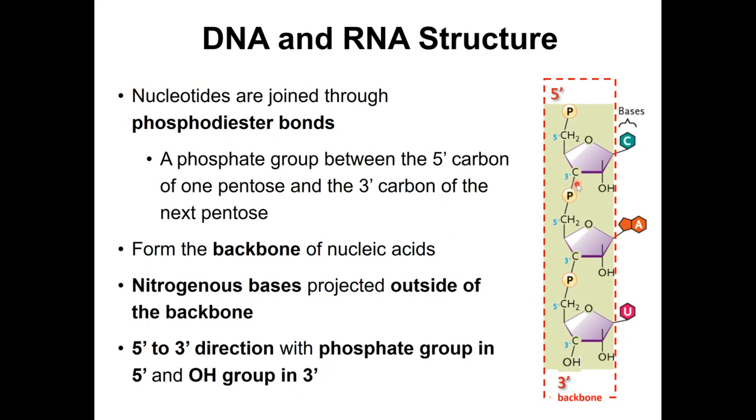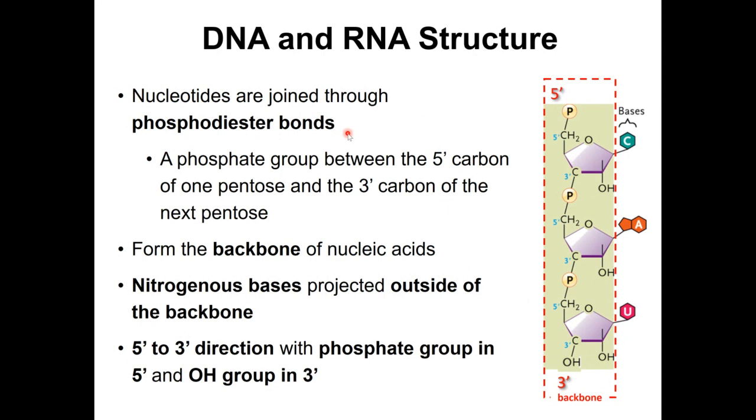So it has two ester bonds. There will be an oxygen here and an oxygen here. This schematic doesn't show it, but there's an oxygen here, an ester bond here, an ester bond here. It's two ester bonds mediated by a phosphate group, hence the name phosphodiester bond.